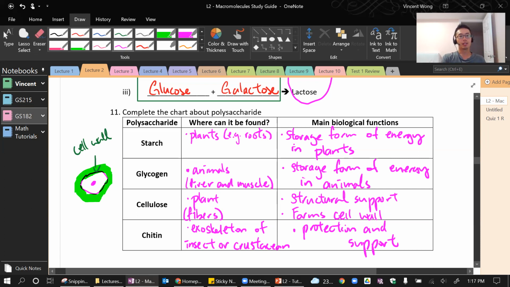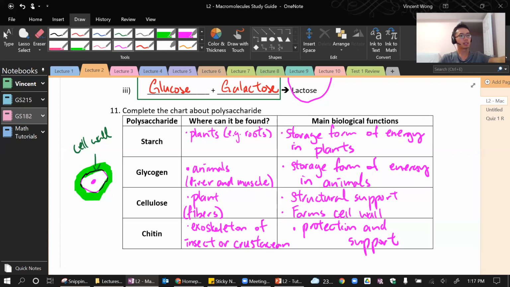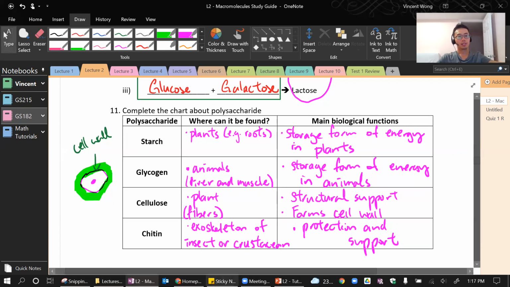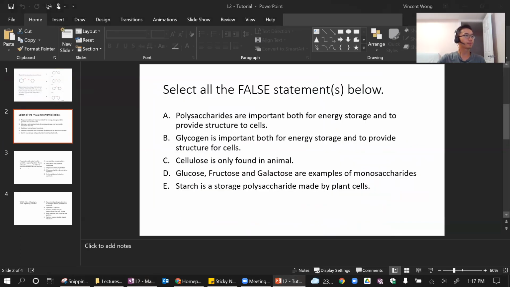Okay. So that's it for polysaccharides. Any questions for polysaccharides? No questions. All right. Let's try this one.